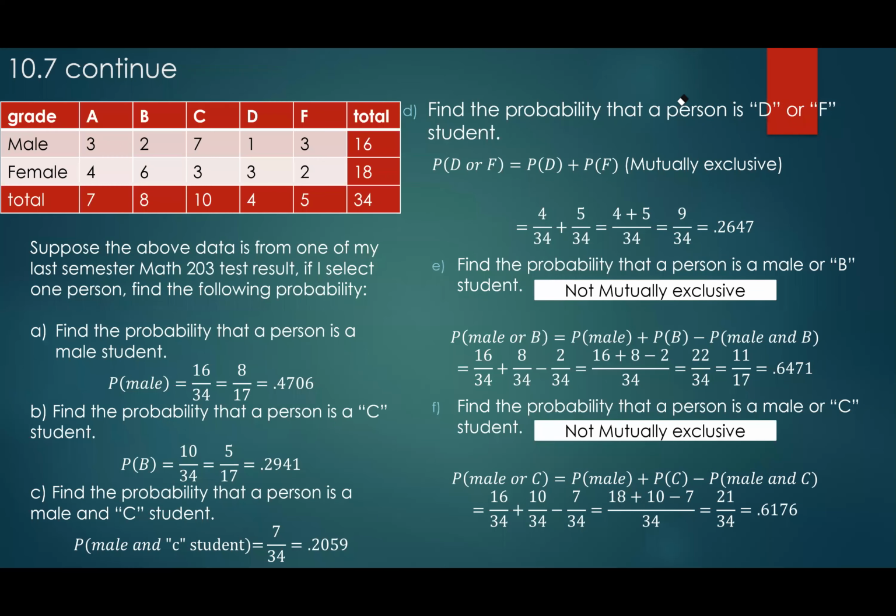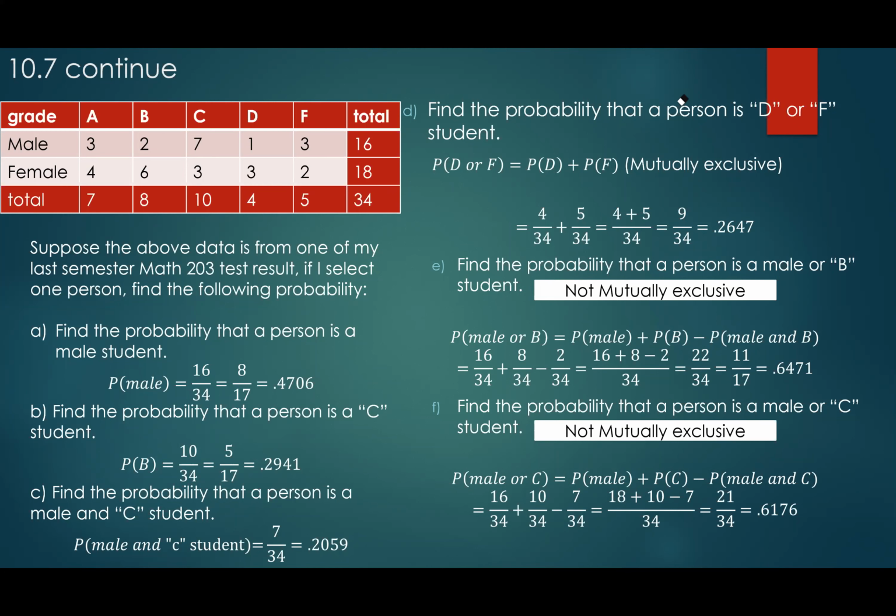Mutually exclusive is easy: you just find the probability of the first item and the second item, add them up, and you are done. If they are not mutually exclusive, we have to find the first item plus the second item minus what they have in common. Just because they have something in common, we need to subtract it out.